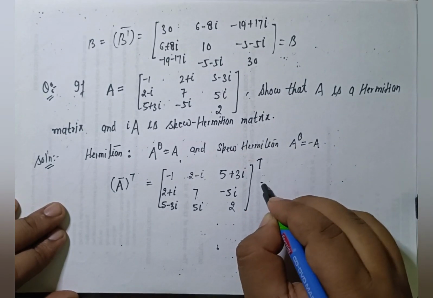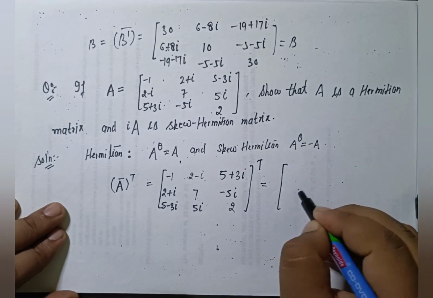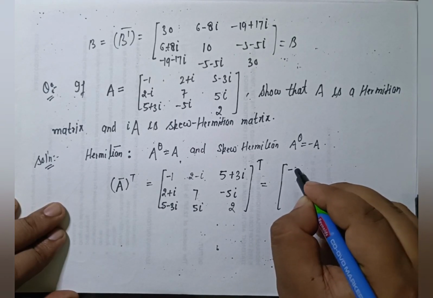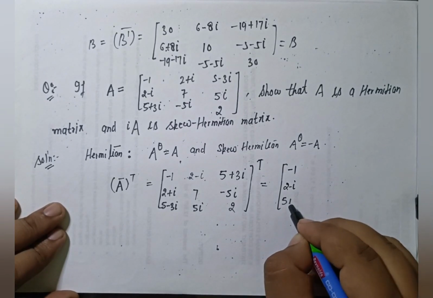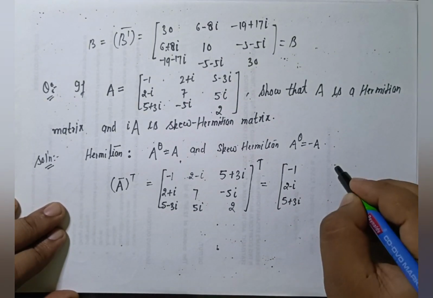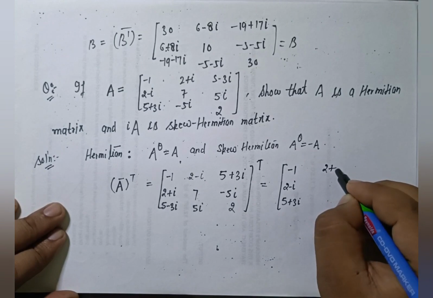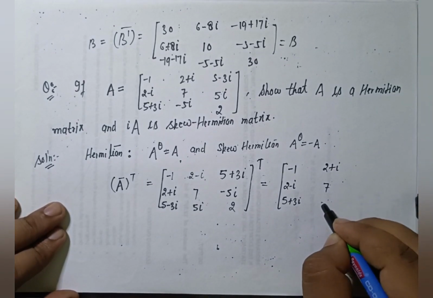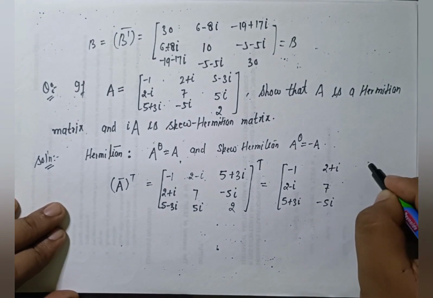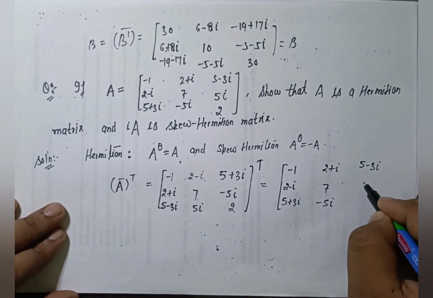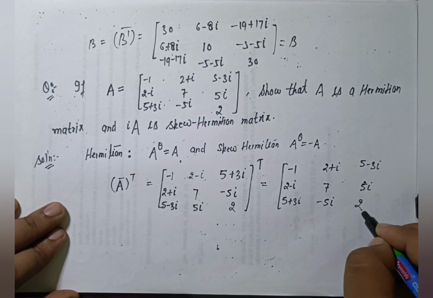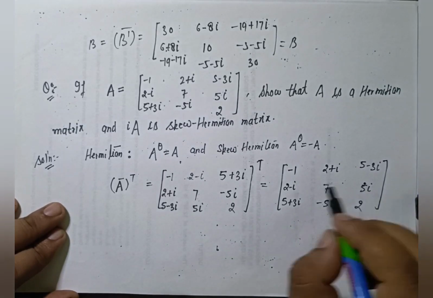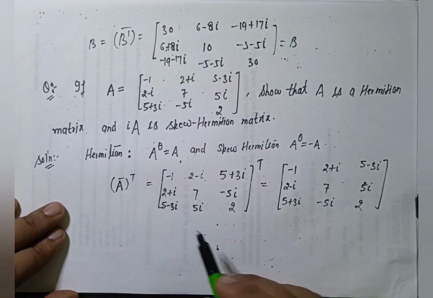Now find its transpose. Just convert the rows into the columns and columns into the rows. So minus 1, 2 minus iota, 5 plus iota is the first row into the column, then second row 2 plus iota, 7, minus 5 iota, then third row 5 minus 3 iota, 5 iota, and then 2.